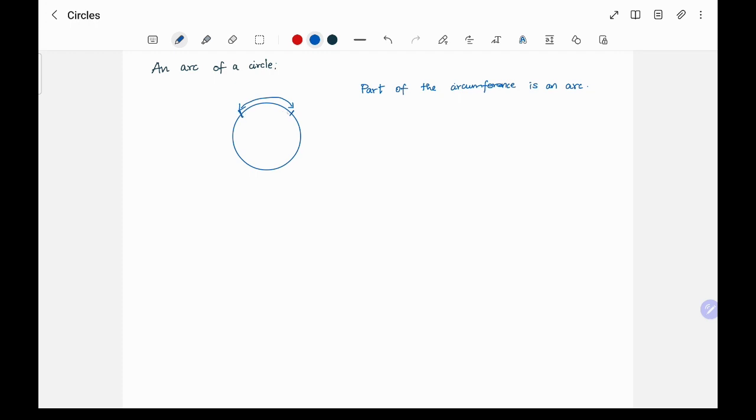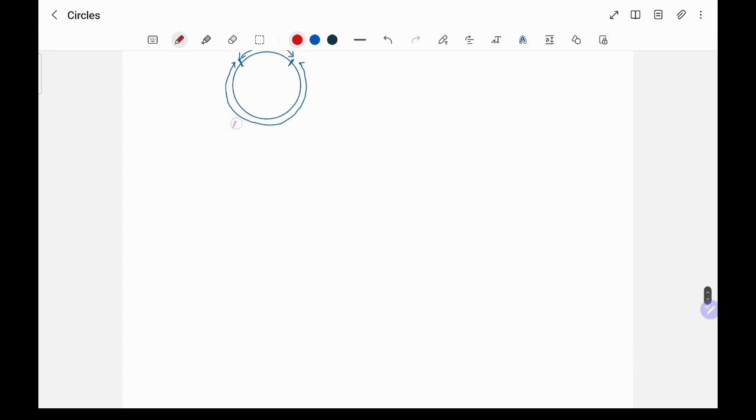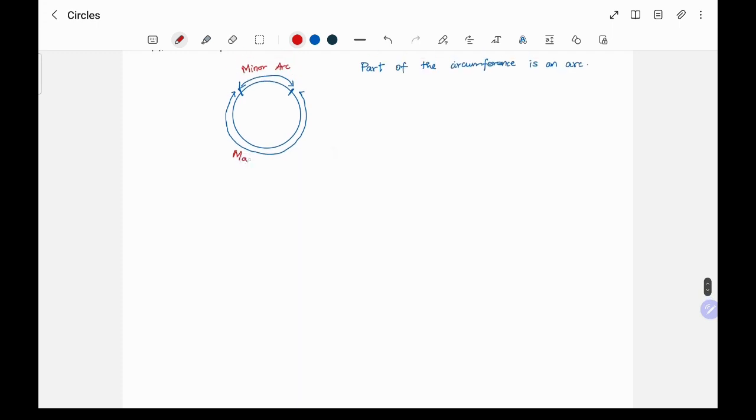Again you can see with 2 points you can get 2 arcs, right? One is small and one is big. The smaller one is called the minor arc and the bigger one is called the major arc.